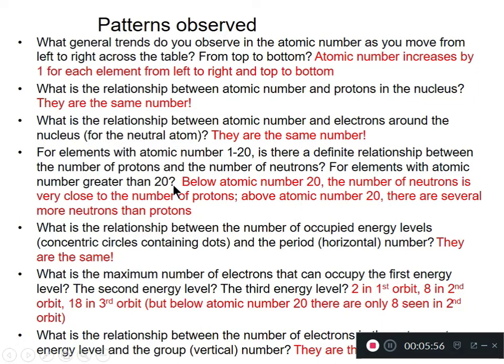And we saw that below atomic number 20, the number of neutrons is very close to the number of protons. Above atomic number 20, there are several more neutrons than protons. We saw that the number of orbits or concentric circles is the same as the period, which is that horizontal numbering, the row, and that the maximum number of electrons, we didn't do that one. Let's go back and do that one. And the relationship between the number of electrons and the vertical.